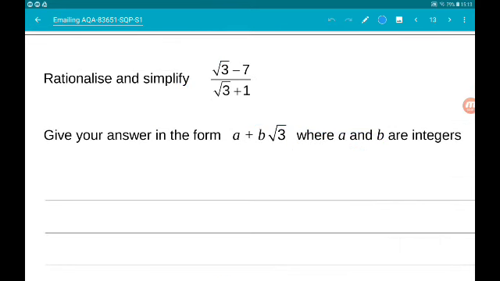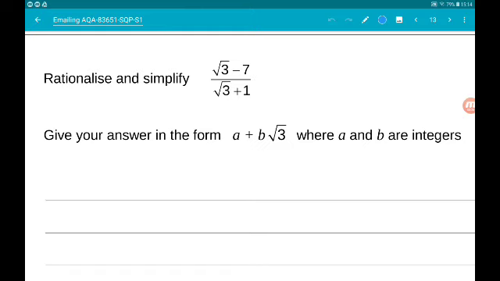Question 14. So we have thirds, yay. So we want to rationalise and simplify root 3 minus 7 over root 3 plus 1, giving our answer in the form a plus b root 3, where a and b are integers.